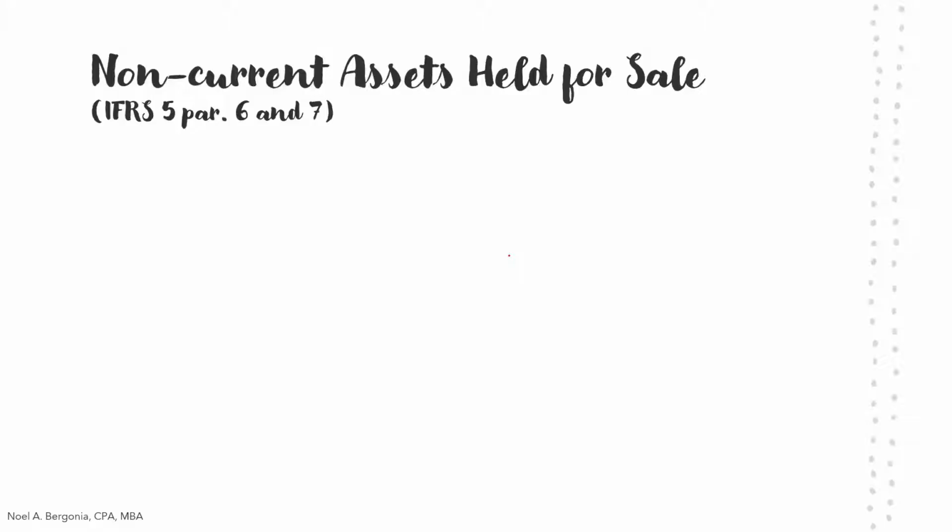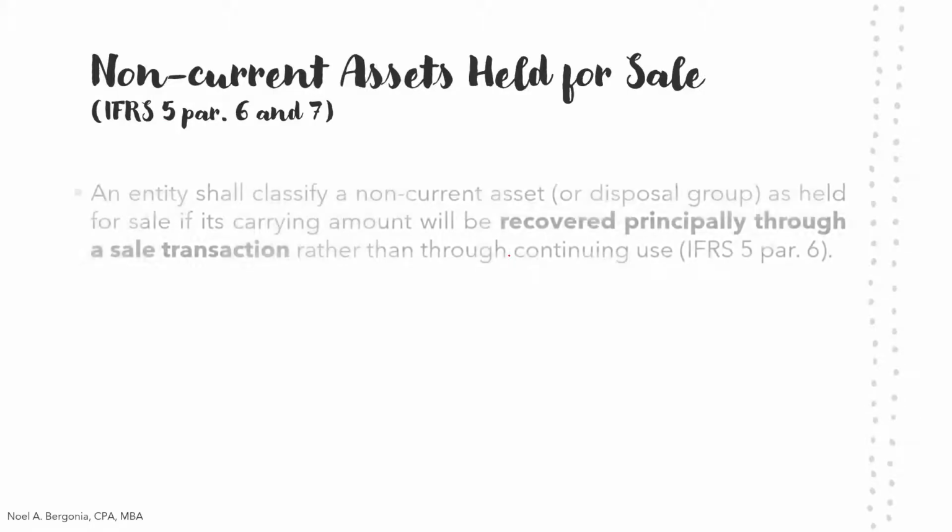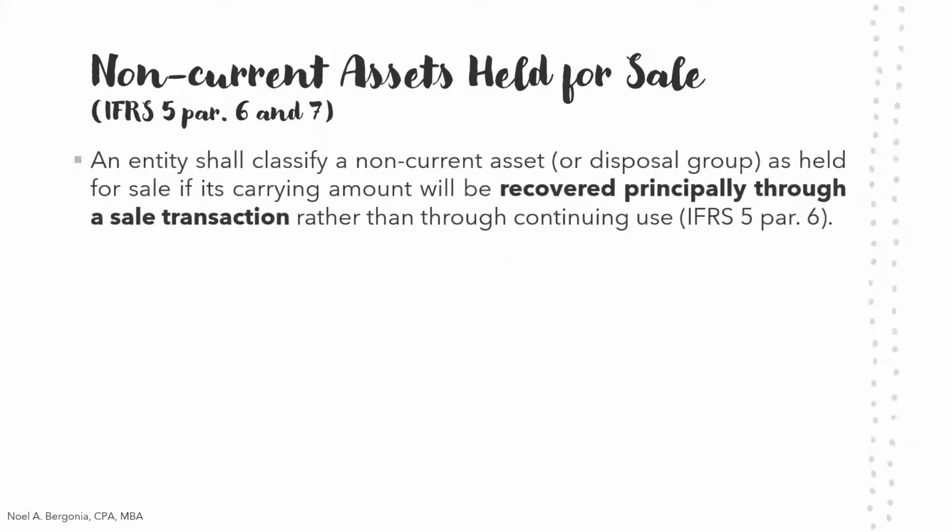Based on paragraphs 6 and 7, an entity shall classify a non-current asset or disposal group, which we mentioned in the previous slide, as held for sale if its carrying amount will be recovered principally through a sale transaction rather than continuing use.